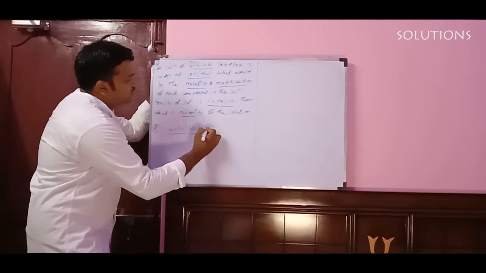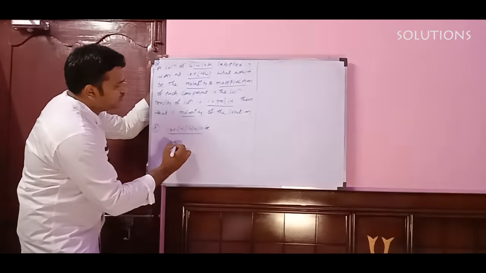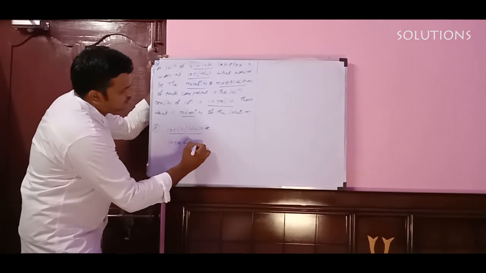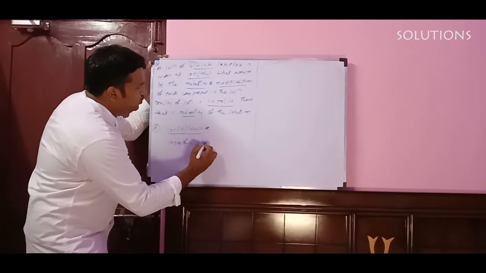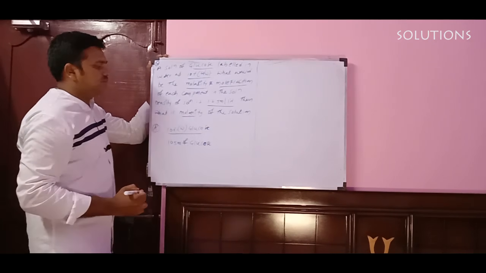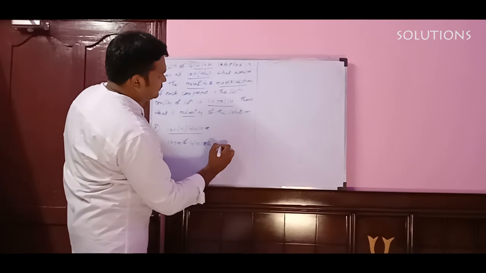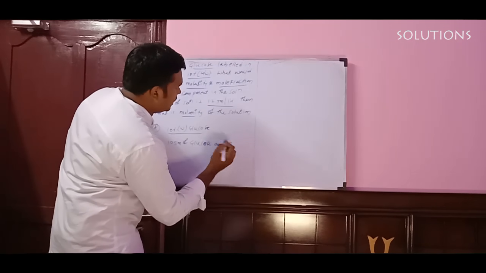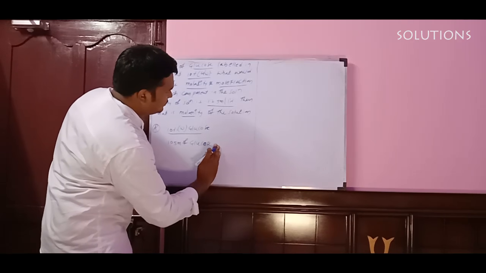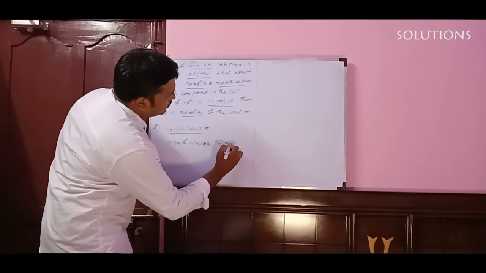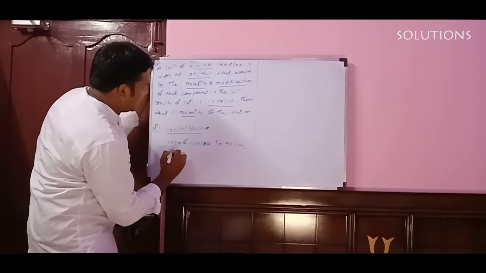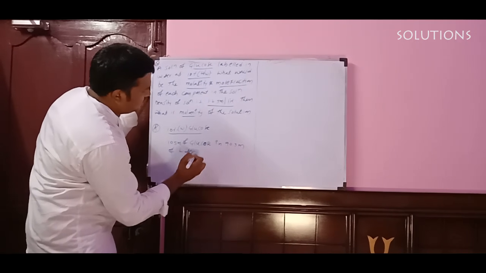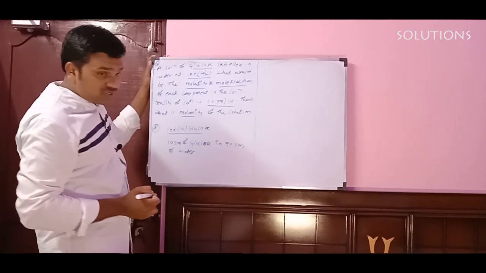What does this mean? 10 grams of glucose in 90 grams of water.